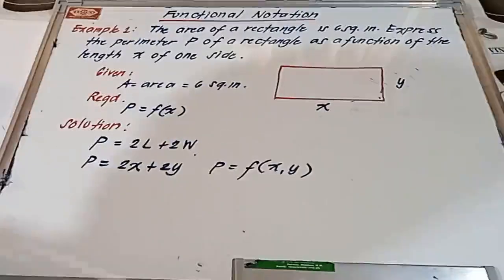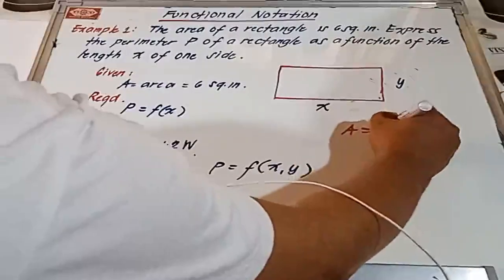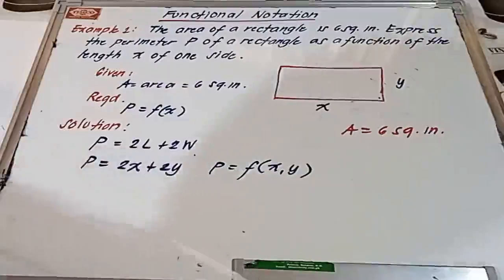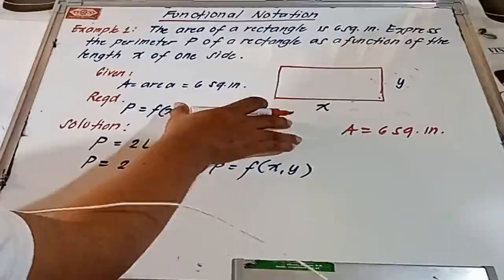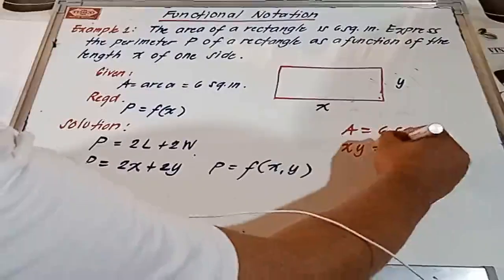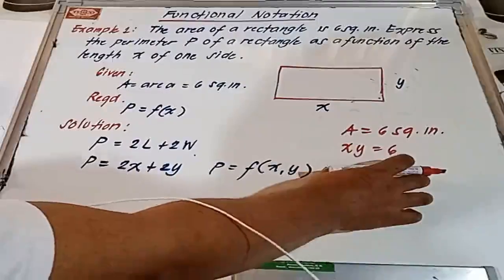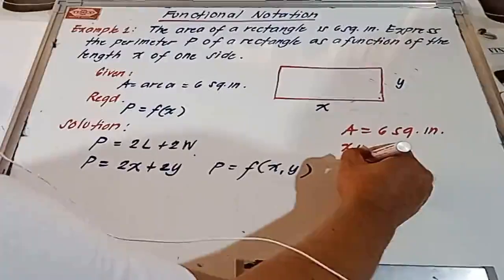Okay? Ang area natin given is 6 square inches. At ang area natin, based from our illustration, is product of the length and width, or that is xy equals 6. So from this equation, we can solve the value of y in terms of x by dividing both sides by x.